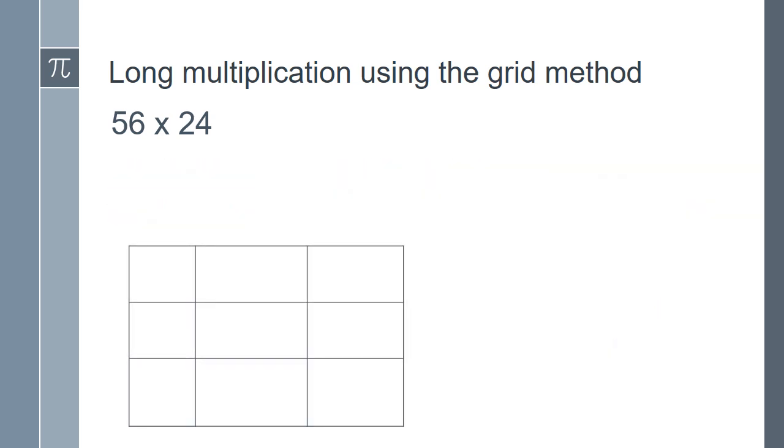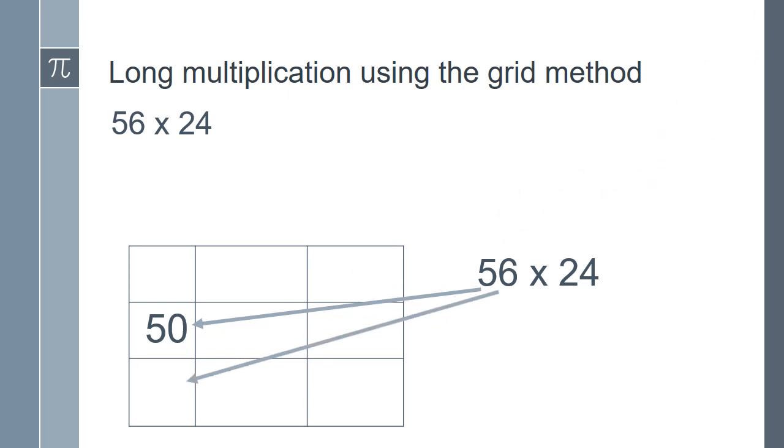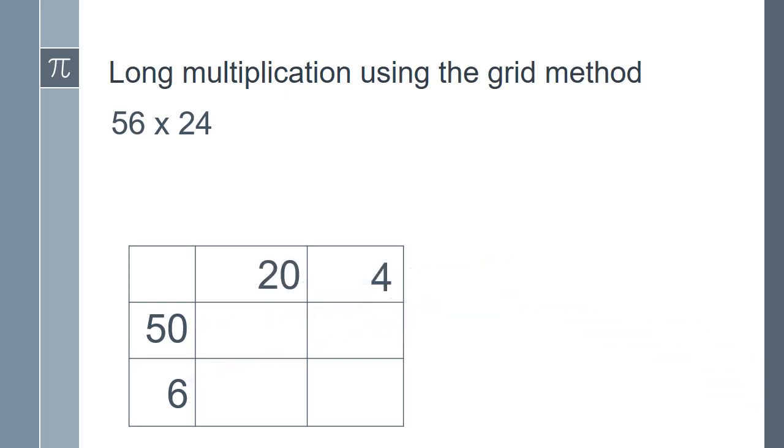So you draw a 3 by 3 grid in this case, and you put your numbers in like this. So 56, the 50 goes there, and the 6 goes there, and then your 24, the 20 goes there, and the 4 goes there.